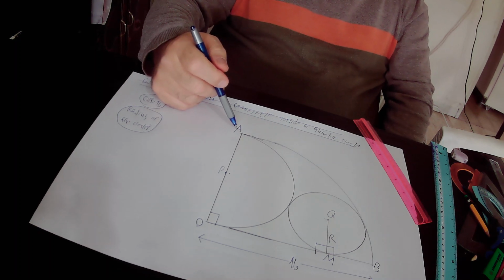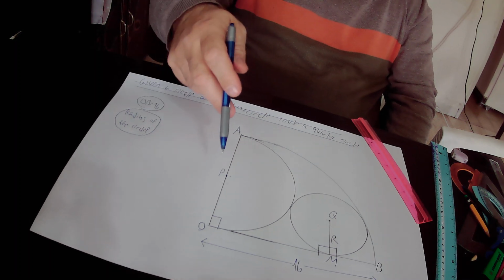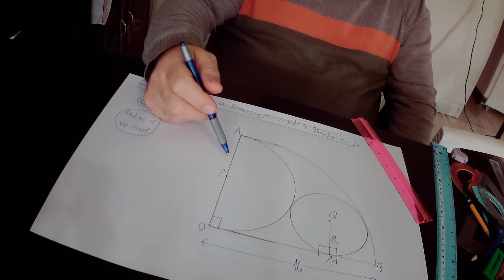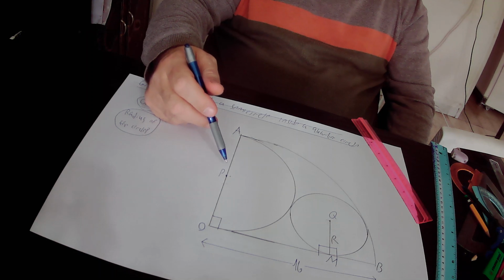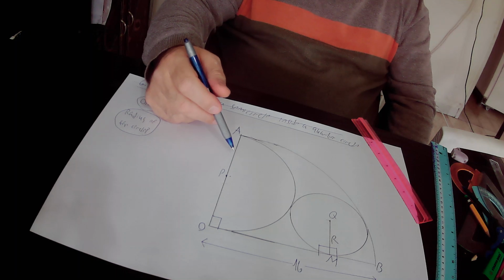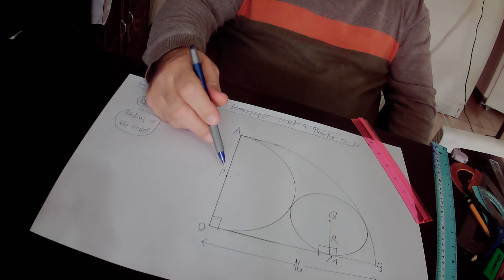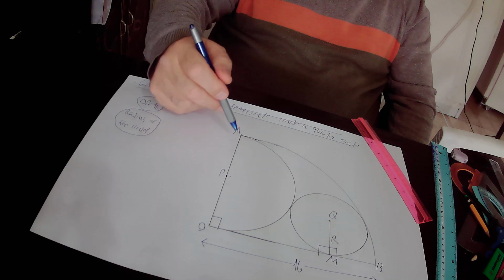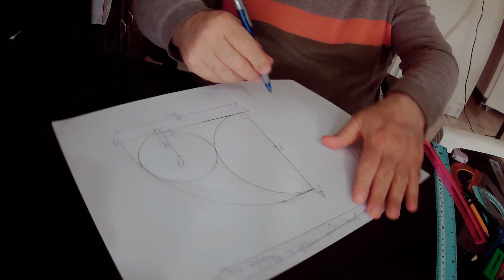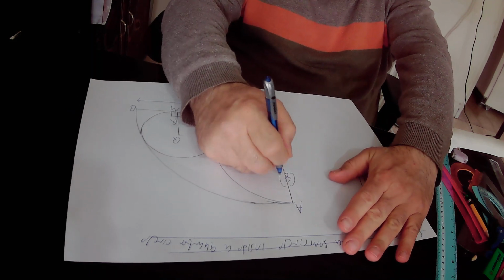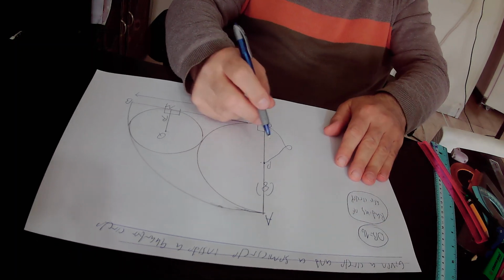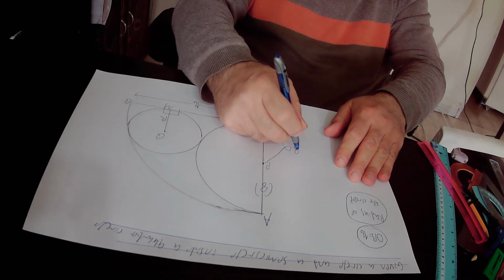So the diameter of the semicircle equals 16 units in length, and therefore the radius of the semicircle must be equal to half of it. That is to say, it must be equal to 16 over 2, that is 8. So the radius AP of the semicircle is equal to 8 units in length. Likewise, the radius OP of the semicircle is also equal to 8 units in length.